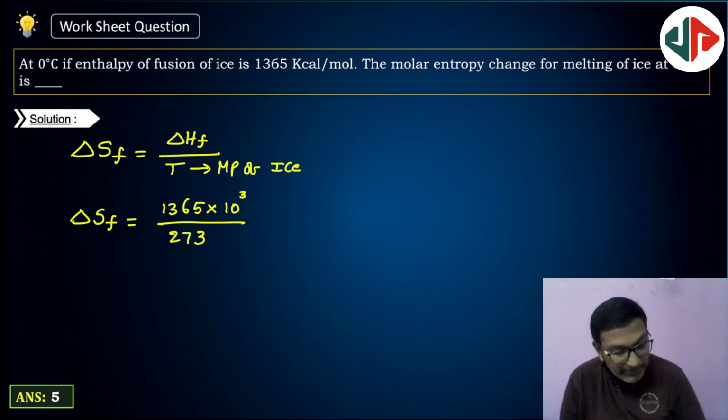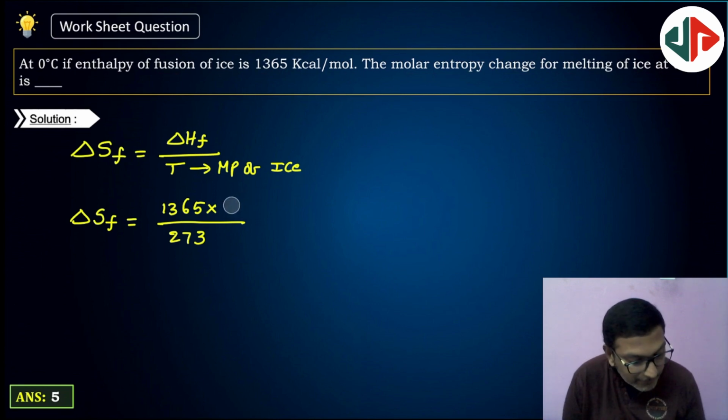So the value will be given by 1365 divided by 273. Here no need to take SI units, I am just taking 1365 kilocalories by 273.